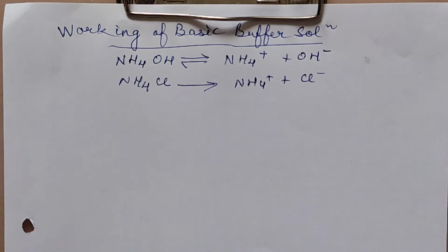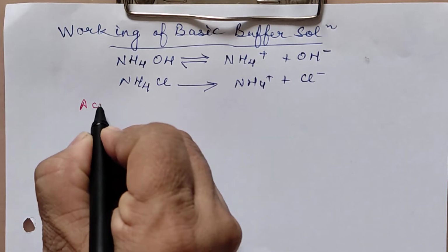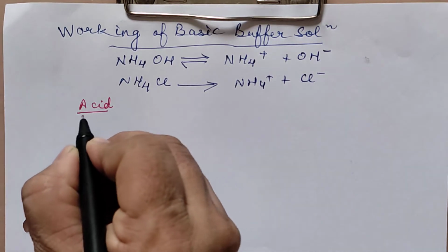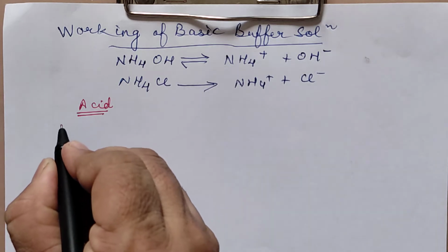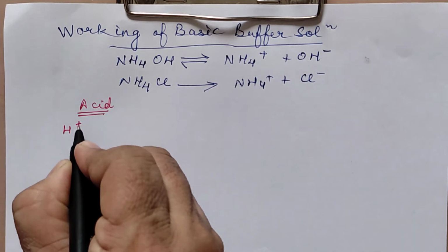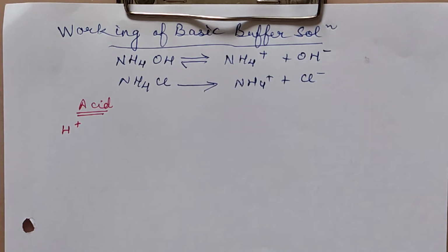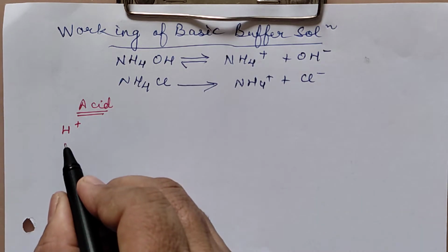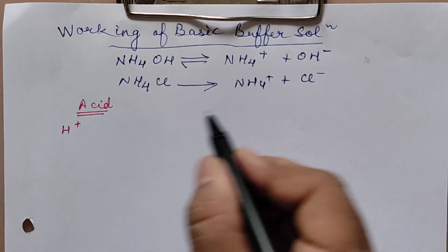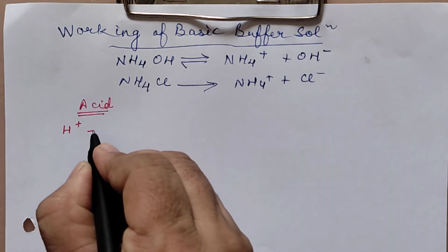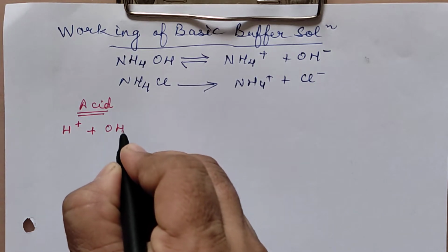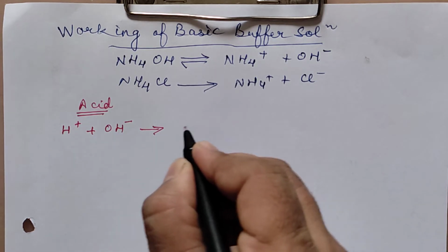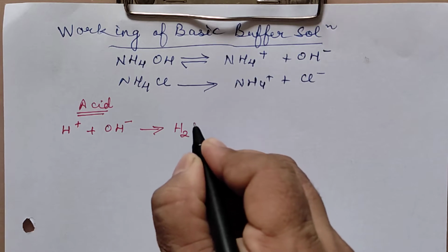Now, what if we add acid or base to this? If we add acid, what happens? That means we have added H plus ion, so the H plus concentration has increased. This H plus will react with the OH minus ion and result in the formation of water.